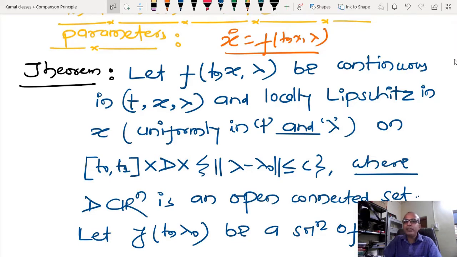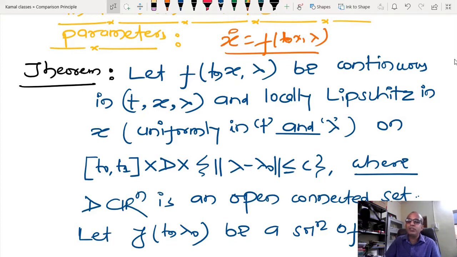I have already told you that whenever we are dealing with this kind of differential equation, we assume that the vector field, the right hand side of this vector differential equation, because x is x1, x2, x3 up to xn, is continuous or piecewise continuous in t, but locally Lipschitz in x, and you can say uniformly in t and lambda.